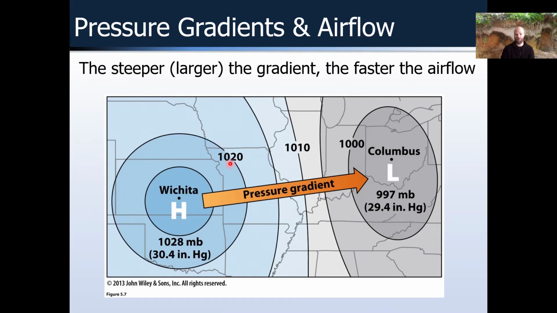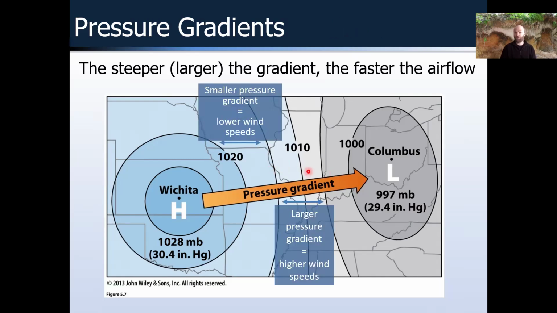So again, this is an isobar map showing 1020 millibars of pressure down to 1010, down to 1000. Over the space, you have the most change on this map here, where elsewhere you're really only changing by perhaps 5 or less, and here you're changing 10 or more millibars. Anywhere there's a larger gradient, you expect larger wind speeds. And so that's a big take home.